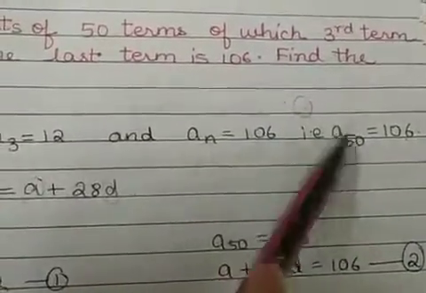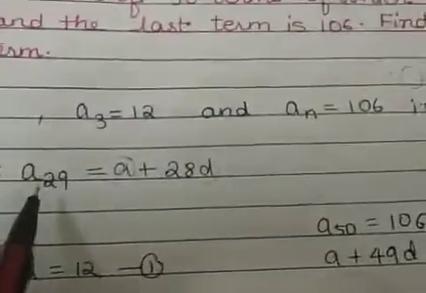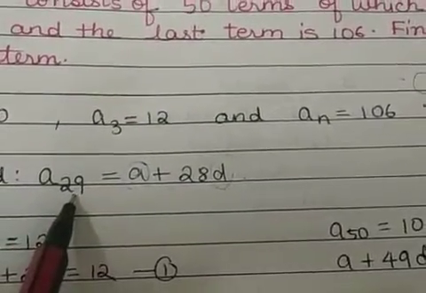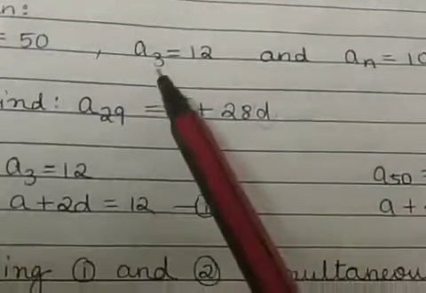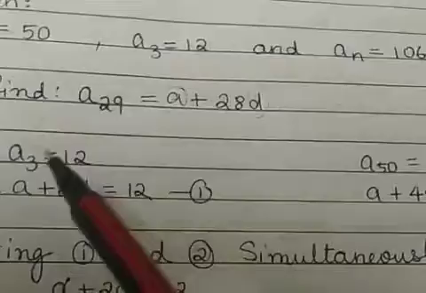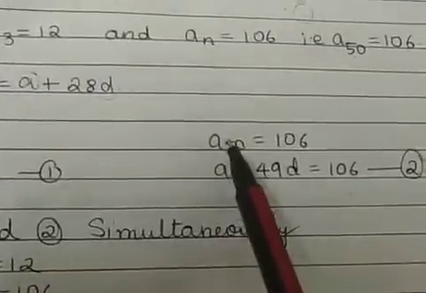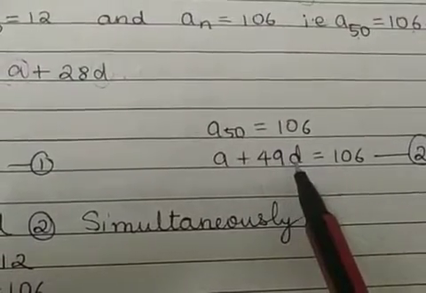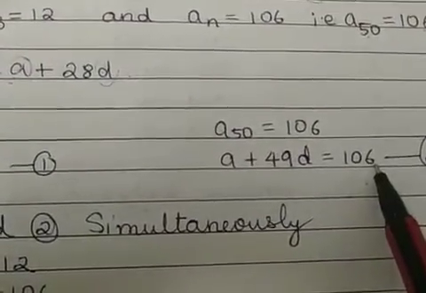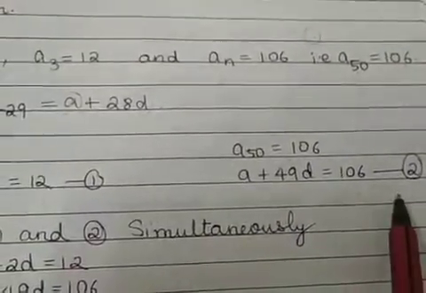So using these two, I have to find the first term and the common difference in order to find the 29th term. So let us take A3. From A3, if I substitute the formula of A3, I'll get A plus 2D is equal to 12 and A50 is 106. So A plus 49D is equal to 106. So number these equations as 1 and 2.